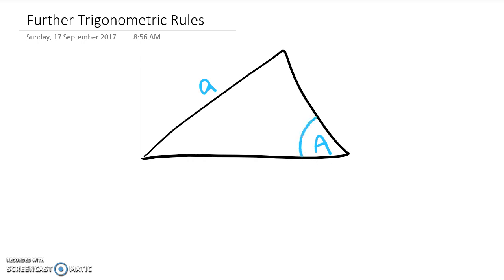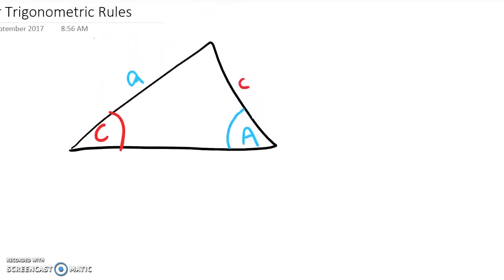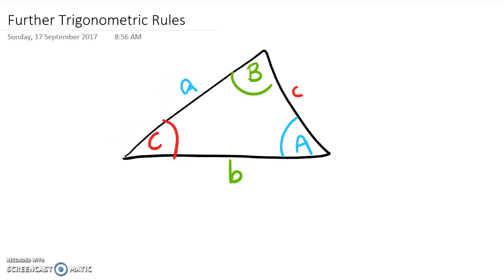So here we're just labeling A, B and C. It's usually a little bit tricky to tell capital C from small c, so that's why it's really important that you remember what each letter represents. There we go, so here's our triangle A, B and C.